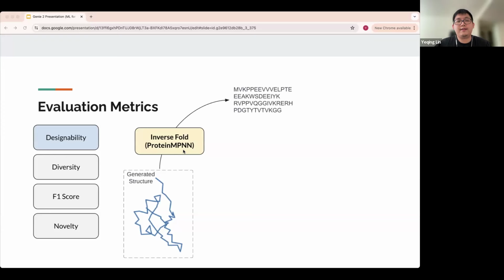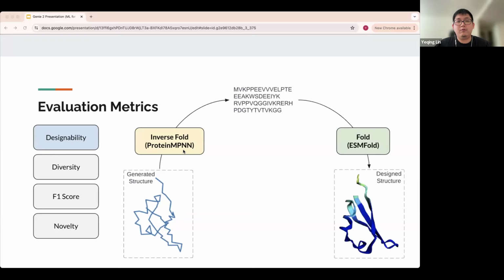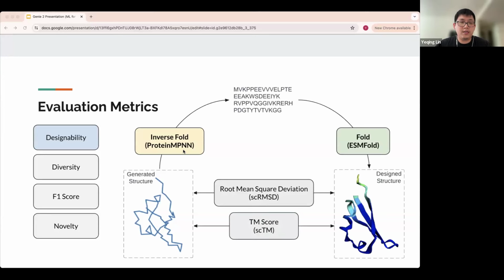We then pass the sequence through a protein structure prediction model, for example ESMFold, and we get a designed structure out of it. To measure designability, we consider the consistency between our generated structure and the designed structure. We compare the root mean square distance between them, which we call scRMSD, and also compute the TM score between them, which is scTM.